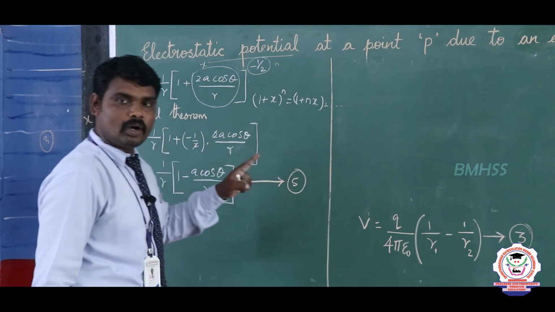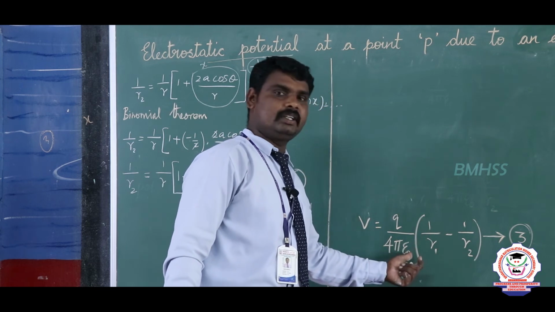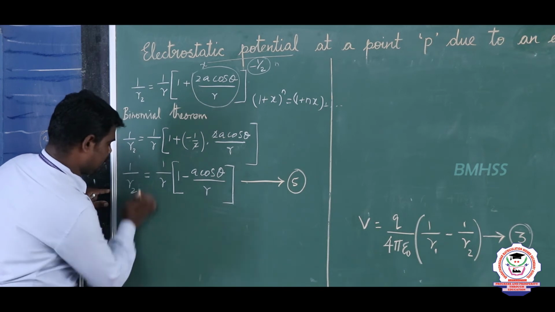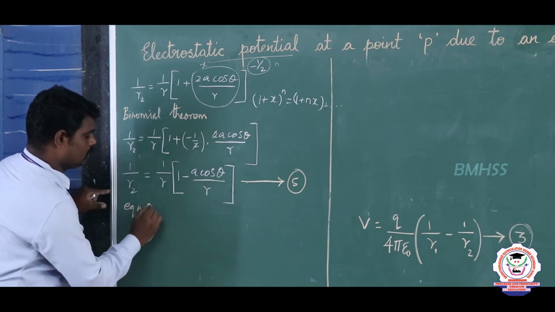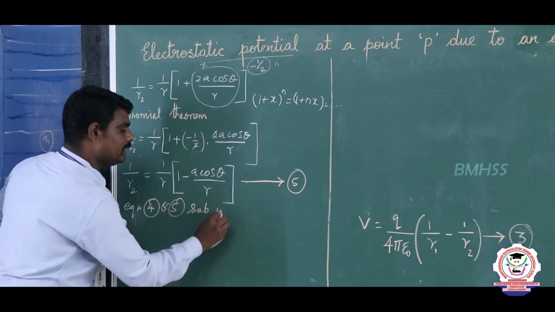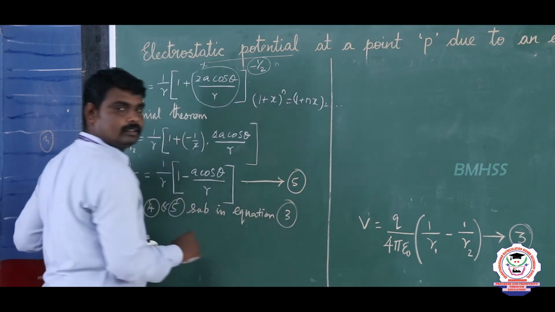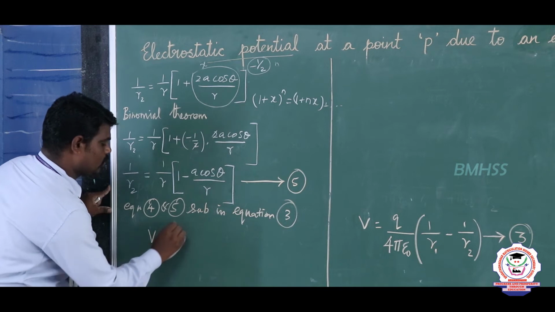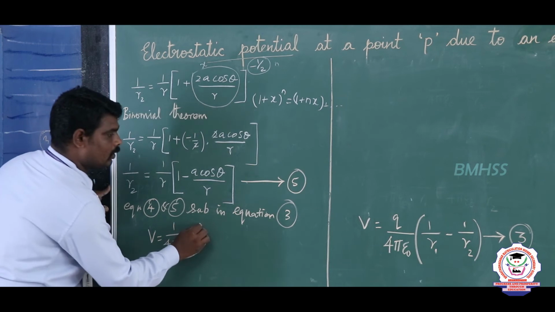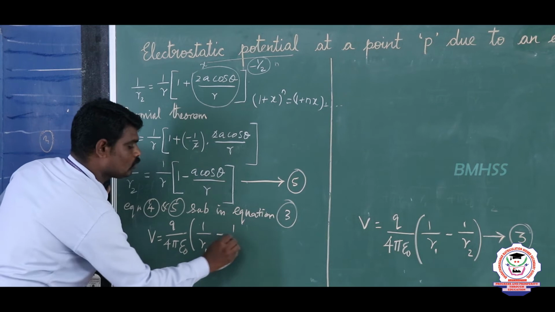This equation 4 and equation 5 we have to substitute in equation 3. What is our equation 3? V is equal to 1 by 4 pi epsilon naught into Q into 1 by R1 minus 1 by R2.